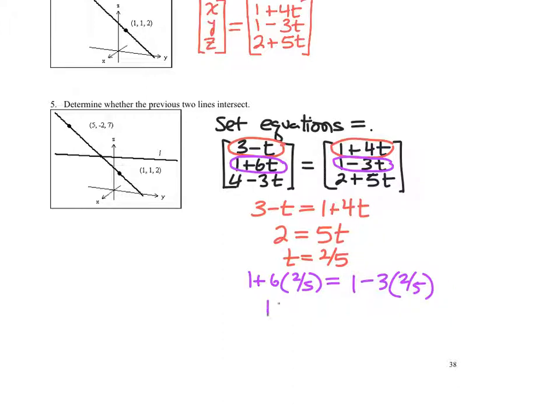All right, so 1 plus 12/5, so it's 17/5. And then 1 minus 6/5, that's negative 1/5, so that's definitely not true. So the question would be, can we safely conclude that these two lines are not going to intersect?